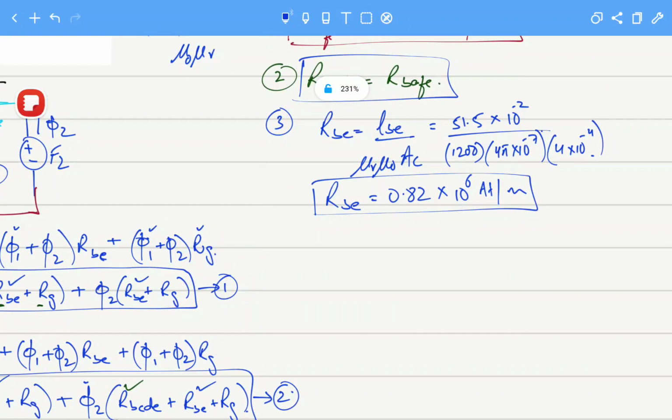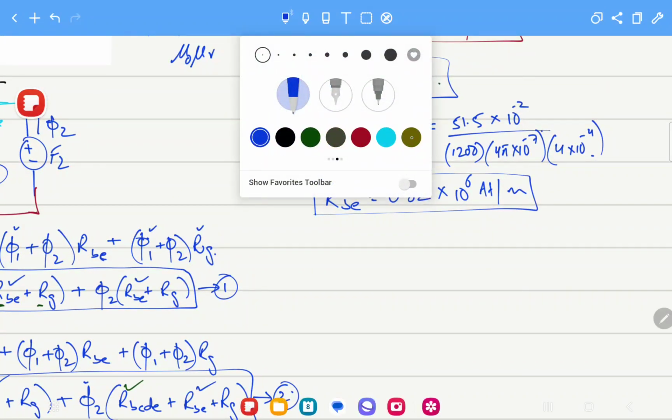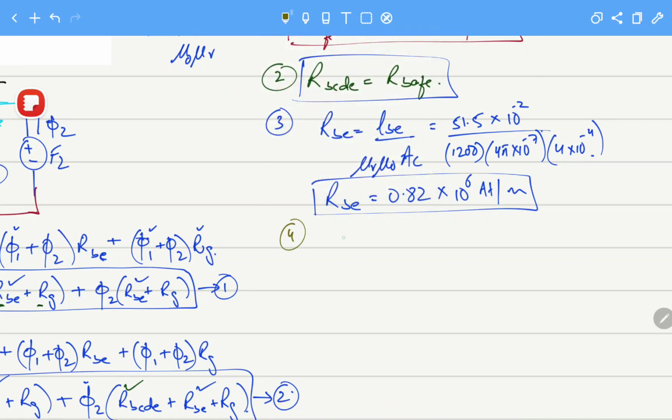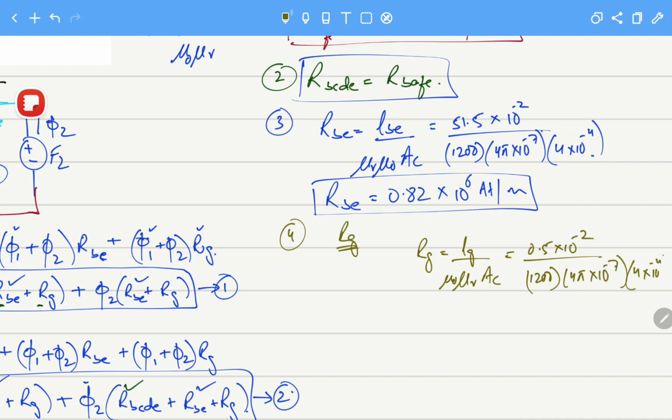R_G is the air gap. So the length of the air gap, L_G, over mu naught into mu r into area. The length of the air gap we know is 0.5, so 0.5 into 10 raised to power minus 2, divided by 1200, 4 pi into 10 raised to power minus 7, 4 into 10 raised to power minus 4.